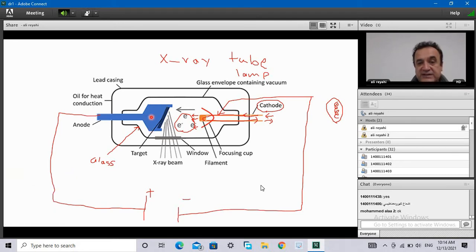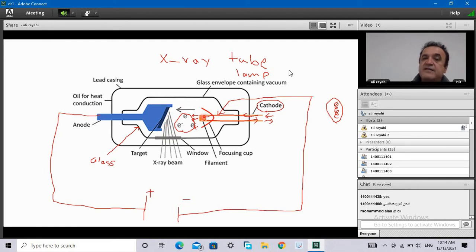At the opposite side here, we have another part. This part is named the anode. Why anode? Because it is connected to positive voltage. The anode is composed of, again, a heavy material. Again, the metal is tungsten, same as here.